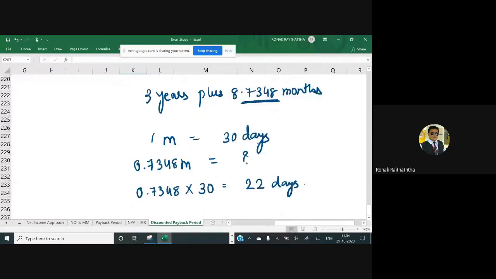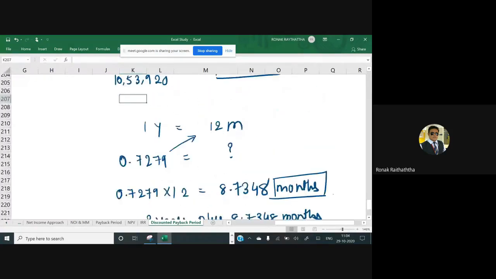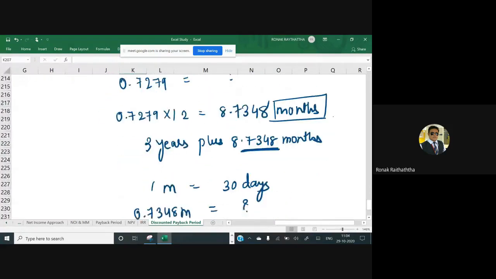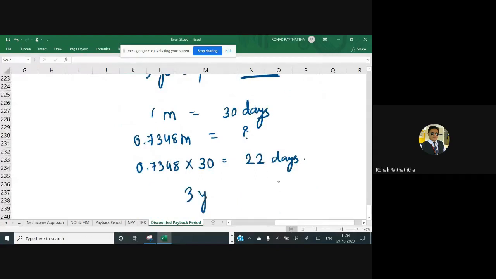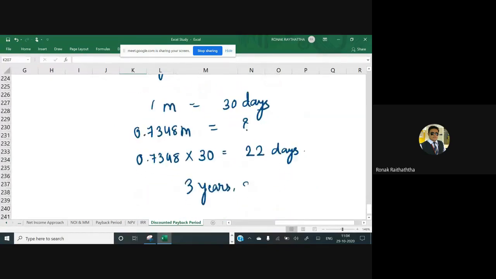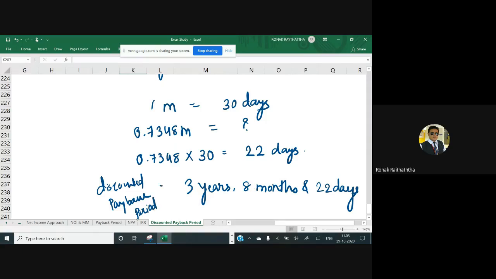So our answer shall be, everyone should please focus here, that 3 years, 8 months, and 22 days. So that is my discounted payback period.